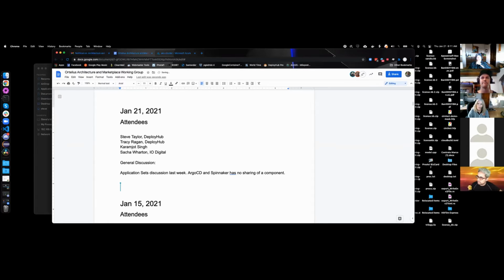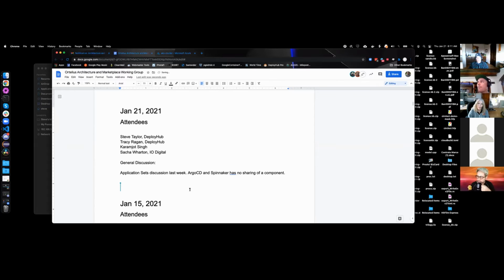this GitOps, and even with Spinnaker, where Spinnaker groups components through a Helm chart, so they don't have a way inside of their tool to separate out a component. Everything is based on a file, which would be the Helm chart.